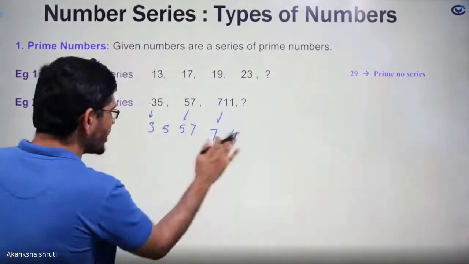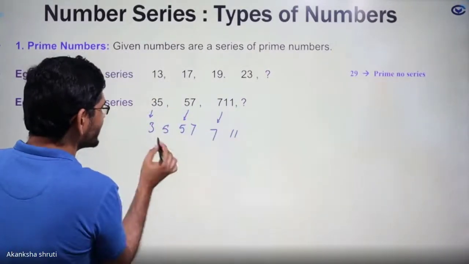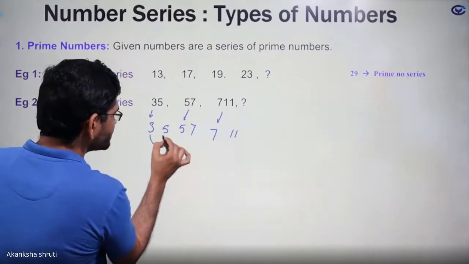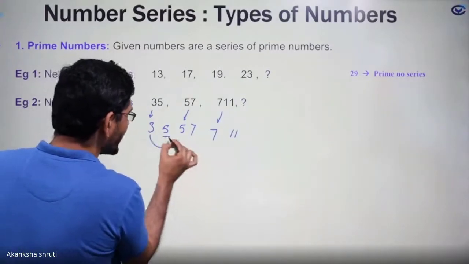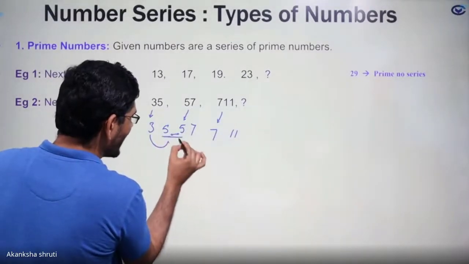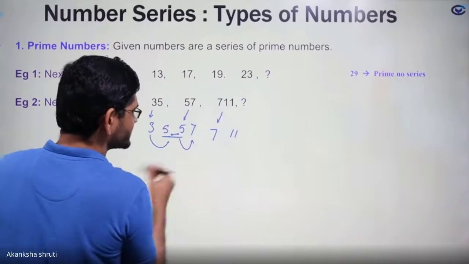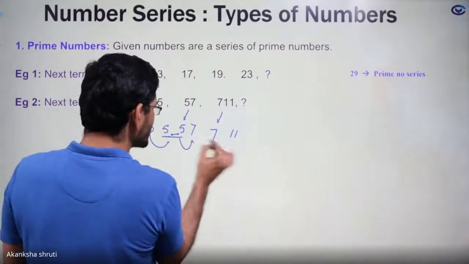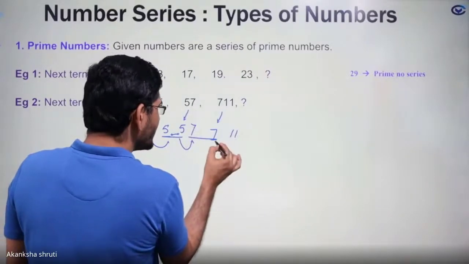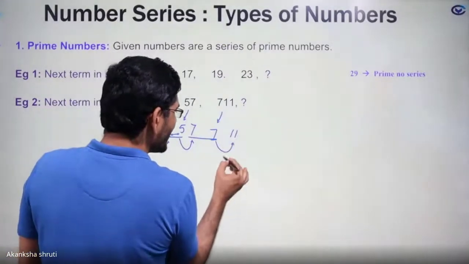If we observe this, then we are getting that this 3 and this 5 is the prime number. Next one is starting with the same 5 and the next prime number 7 is there. The next one is going to start with the same 5 with the next prime number 11.